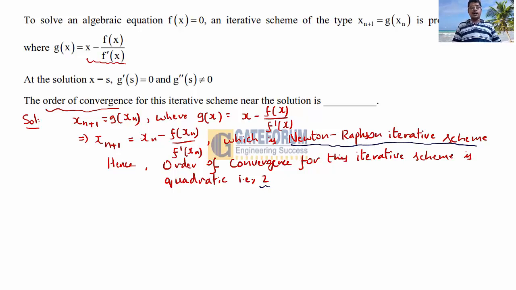So the answer is, the order of convergence is 2. This is the end of the question.